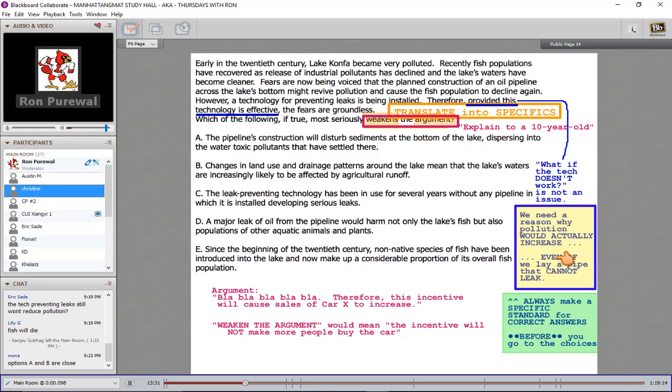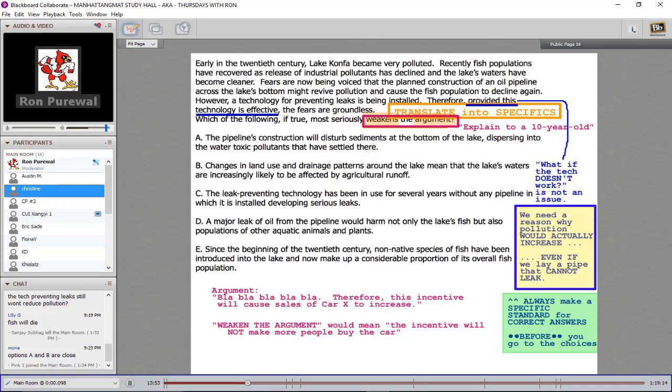So this pollution, industrial pollutants, in the water, choice A says if you lay down a pipe, it's going to kick pollutants up into the water. That's exactly what we want.